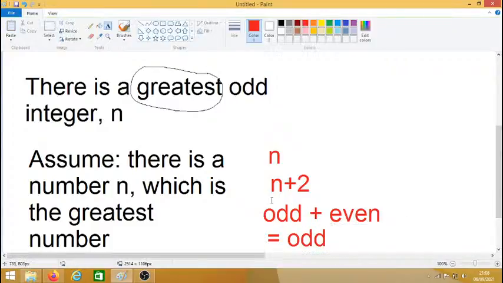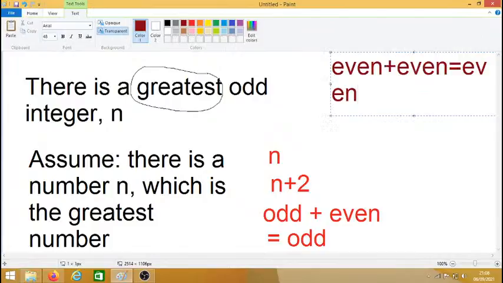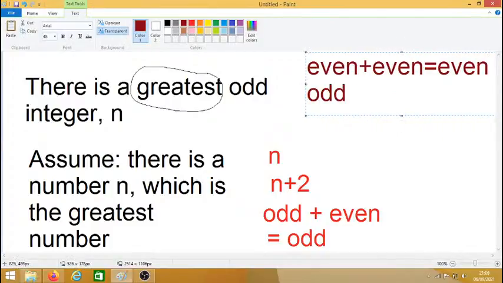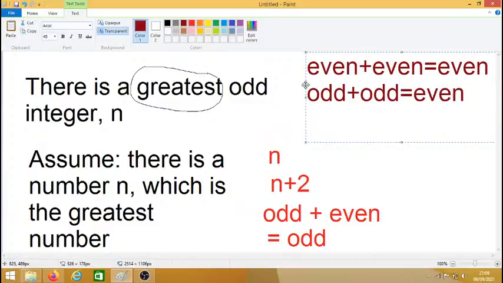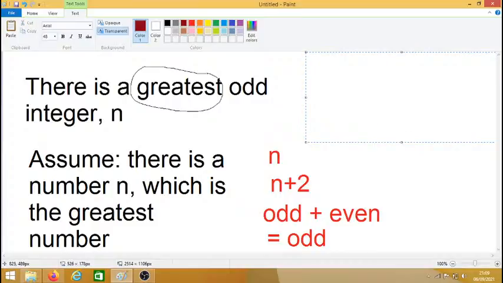That's a result that you can rely on because you've done that in year 1, so you can assume that an even plus an even is equal to an even, an odd plus an odd is equal to an even, and an even plus an odd equals an odd. They're results from year 1, so you can take on any one of them.